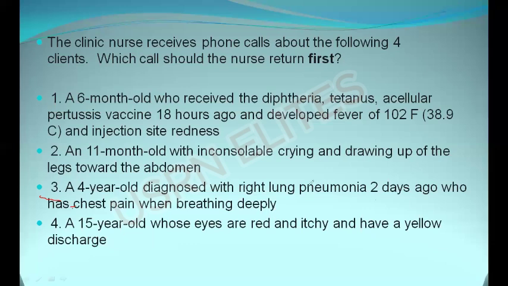You know, when you have pneumonia, because of persistent cough, you can have a sustained chest pain. That is okay. But if they had mentioned that the abnormal breathing pattern is worsening, something ongoing, then this one would have been prioritized.